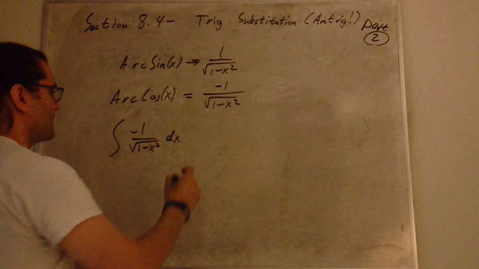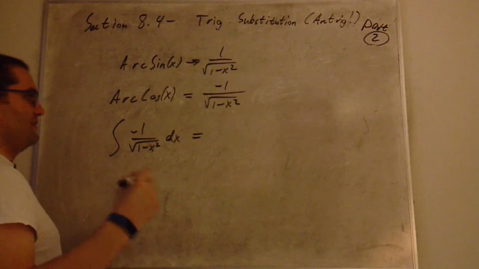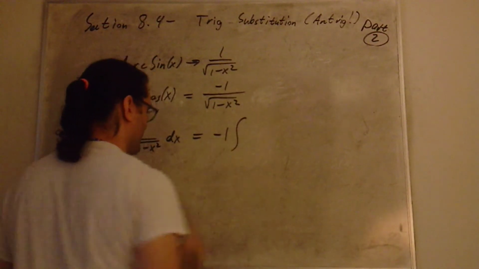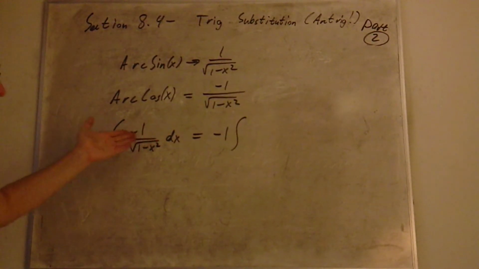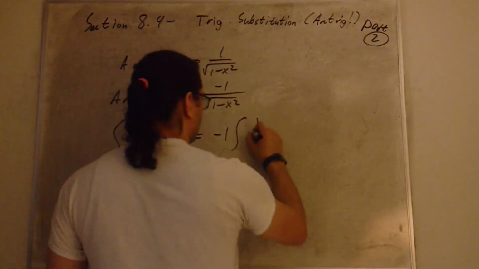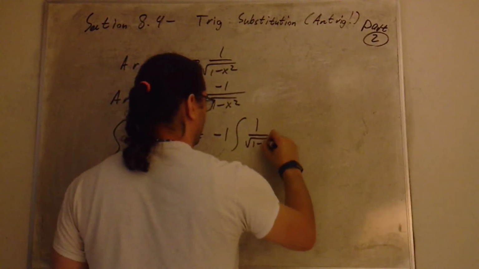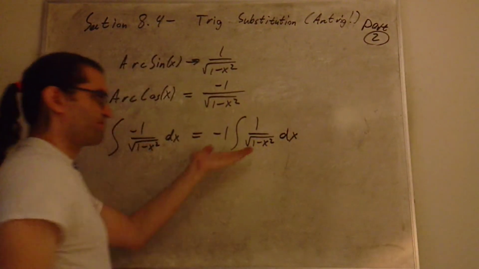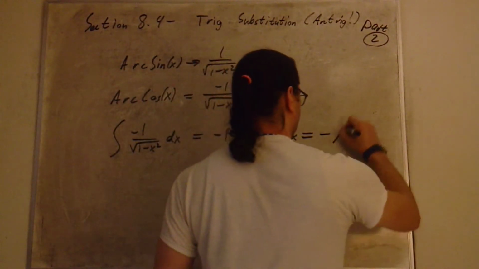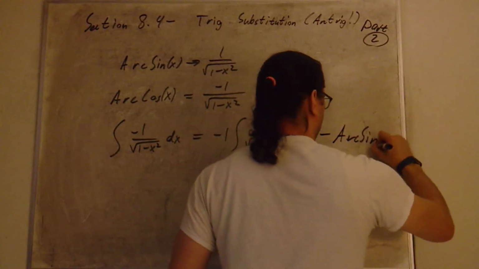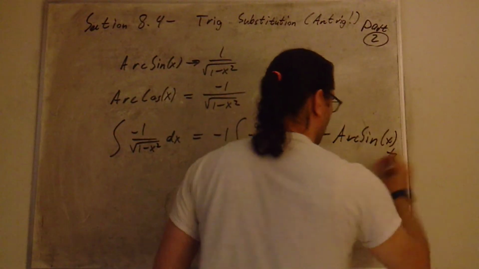When you see something like this, it is traditional to pull the negative 1 to the outside, just like you would any other coefficient, like we did with the 19. You pull the coefficient out, you have this thing, and that's the arcsine. It's negative 1 arcsine, but it's still just the arcsine plus c.